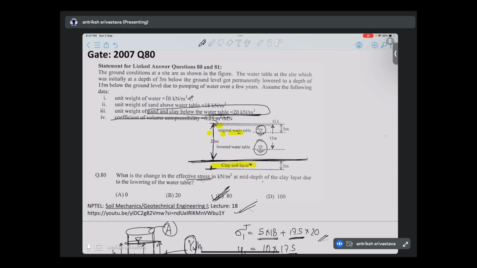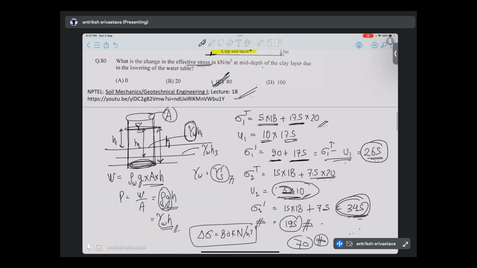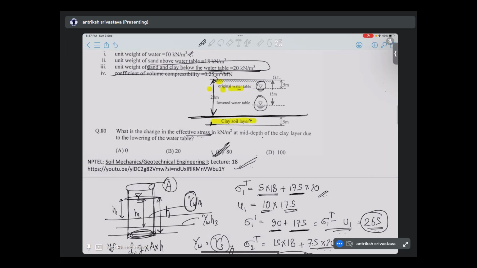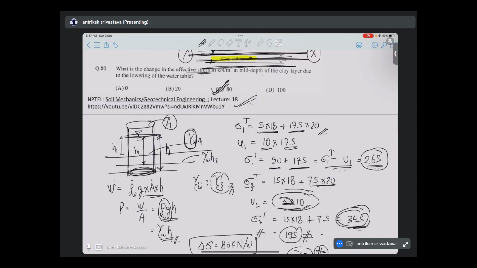One more thing we can see is that if the change in the water table is above the section where you are calculating, then as long as you are below the new water table, the change in effective stress is going to be the same. That was your question, Hari? Yes, sir.